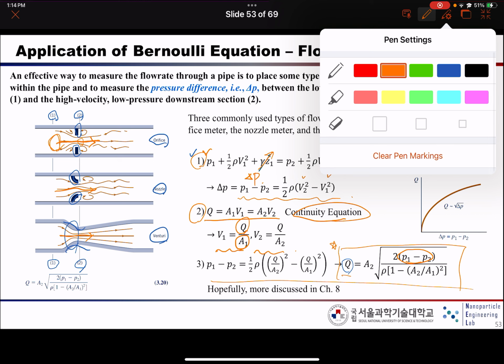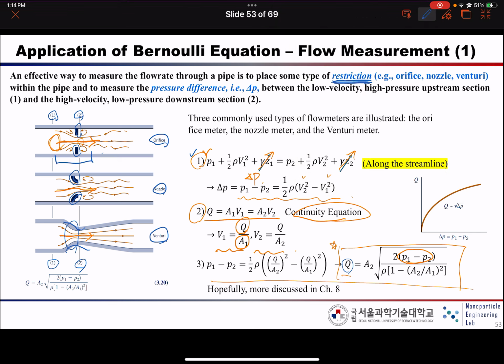Which means that if you measure the pressure drop over here, and you know the geometry, in that case we can determine the flow rate, right? Okay, so this is the very general concept of the flow rate and pressure drop relation.